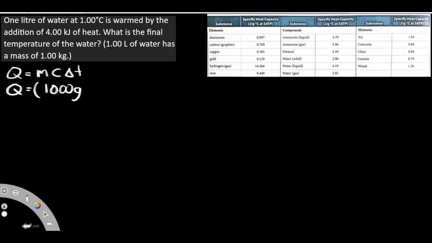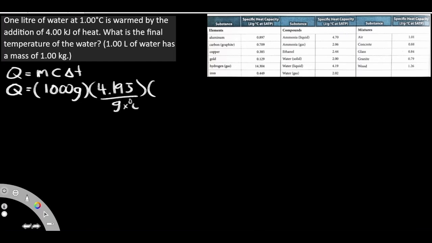And then we have our specific heat capacity, and again, it is liquid water, so we look at our water, same thing, 4.19 joules per gram times Celsius. And then we need to multiply by our temperature. Change in temperature, not just temperature. Why?